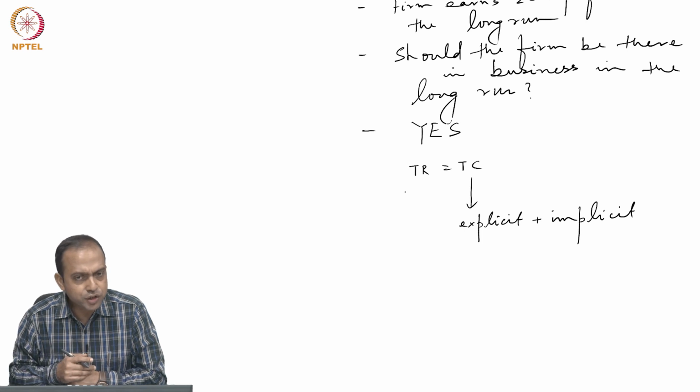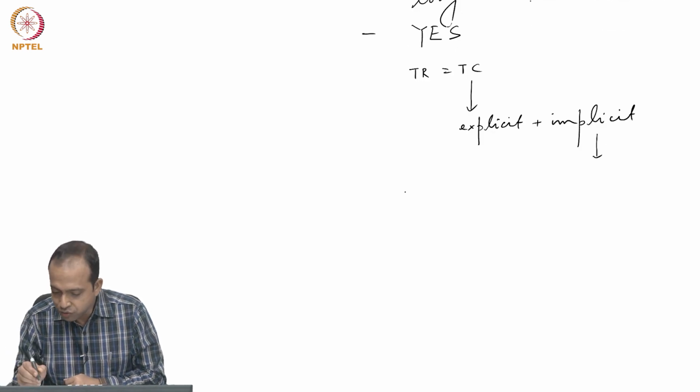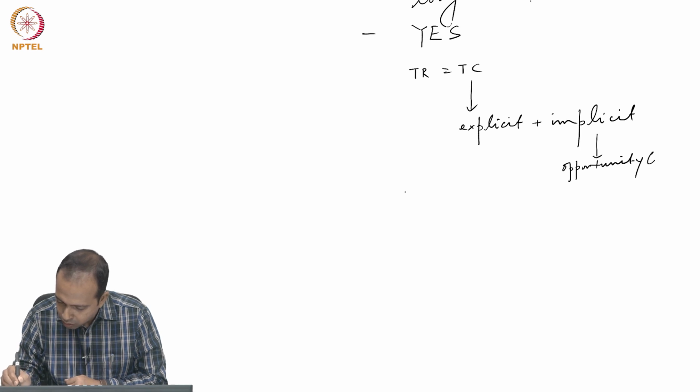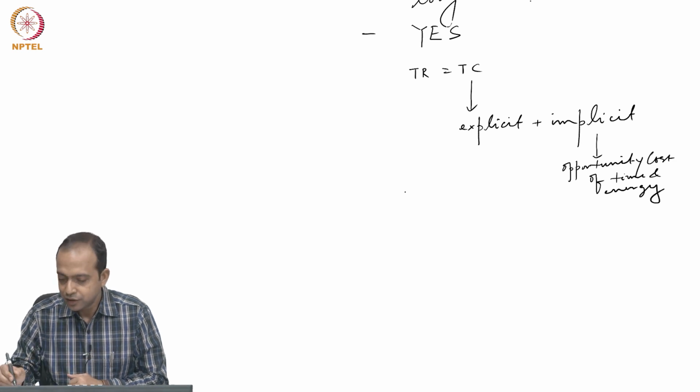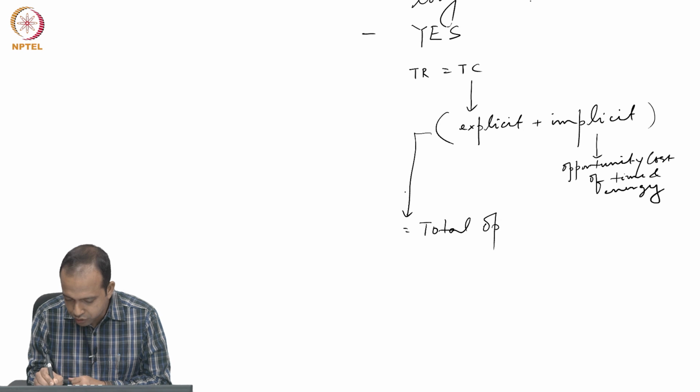What is implicit cost for the firm? That means opportunity cost of time and energy. So, implicit plus explicit, if you take, that is called total opportunity cost.